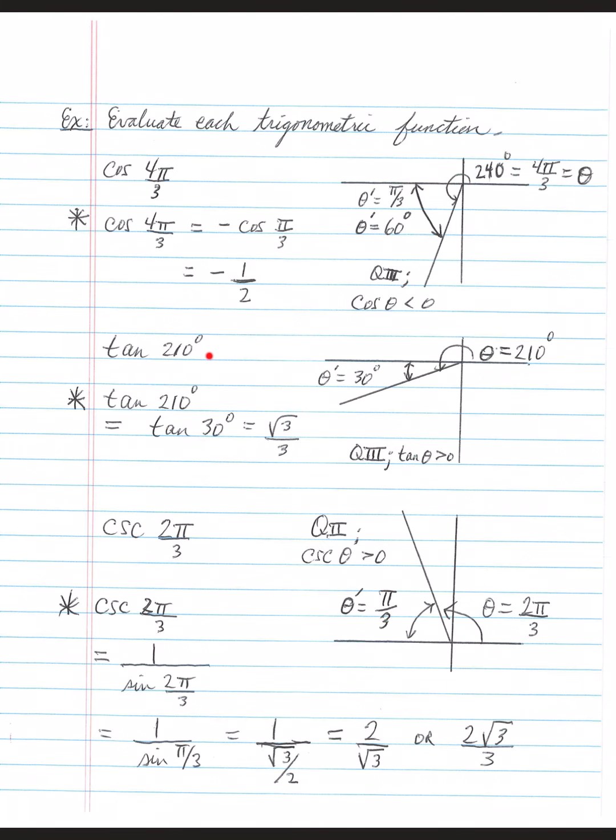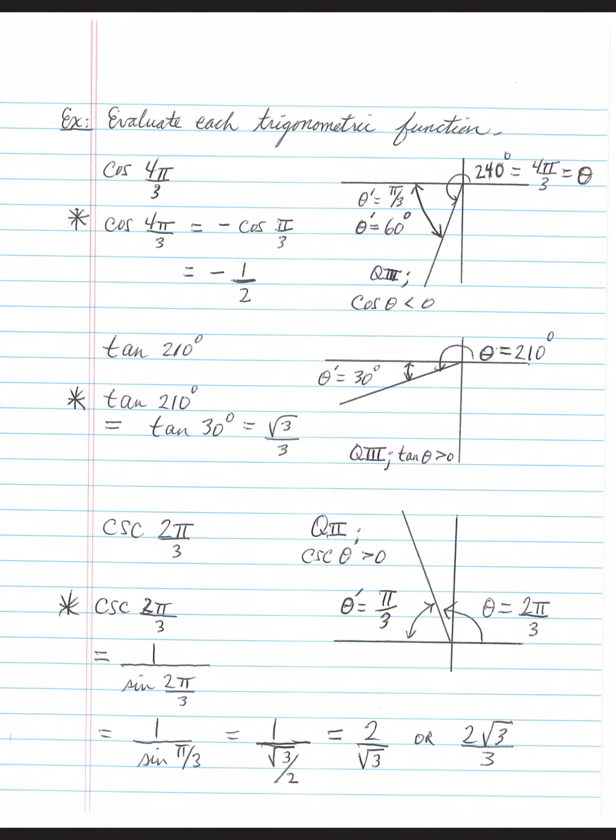Tangent of 210 degrees, that's another quad 3 angle. Tangent is actually positive in quad 3 because you pick any point in quadrant 3, both the x and y coordinate will be negative. That's because you have to go left and then down.